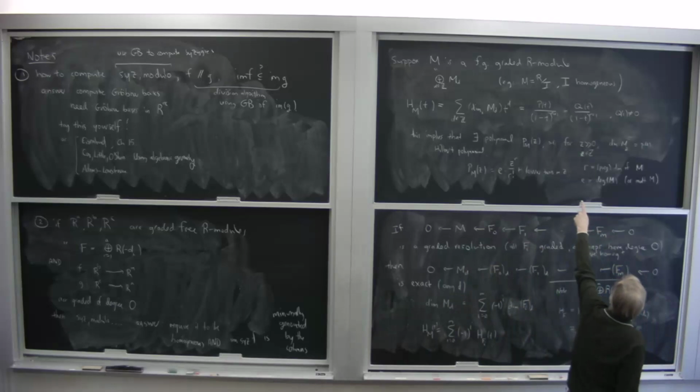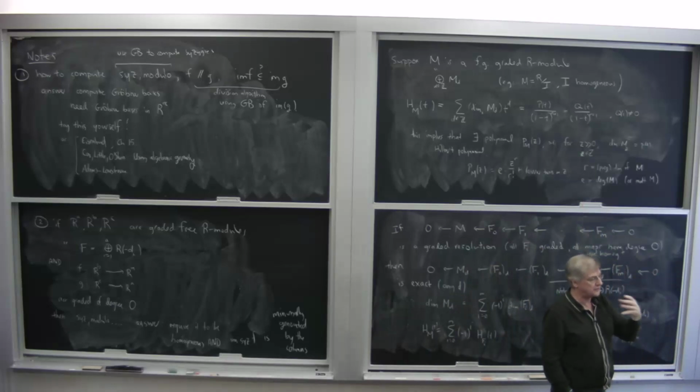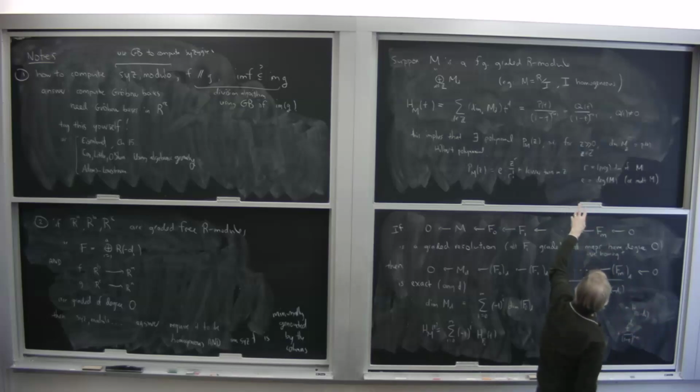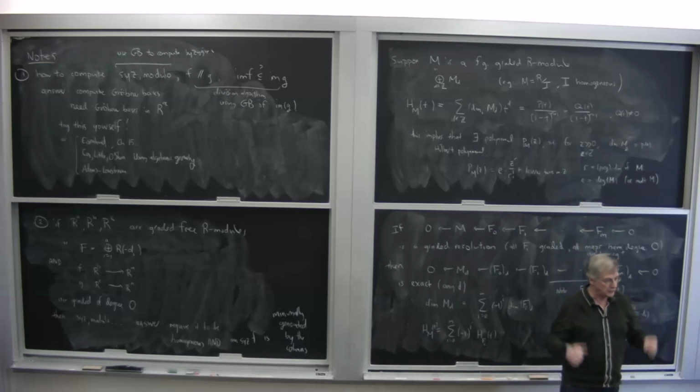What is true is that instead of 1 minus t to the n plus 1, you have the product of 1 minus t to the degree of each variable. That's okay, and you can divide out by a bunch of factors, but you're not going to get this nice reduction. But it's still rational. There are things you can say though. It just needs a little bit more.